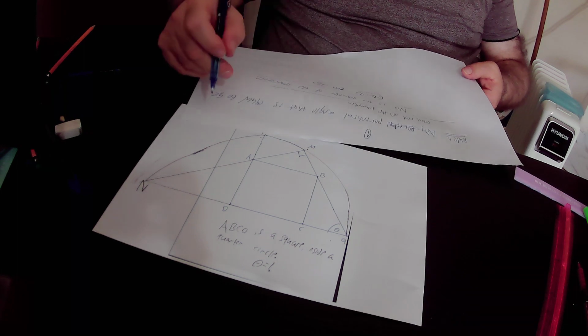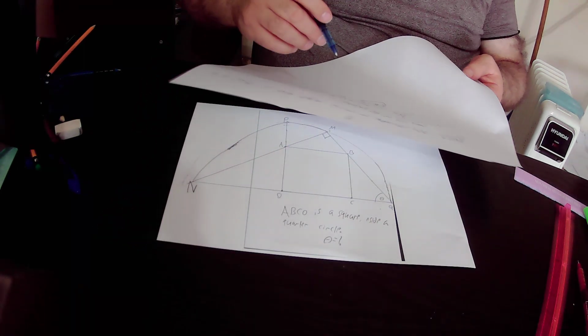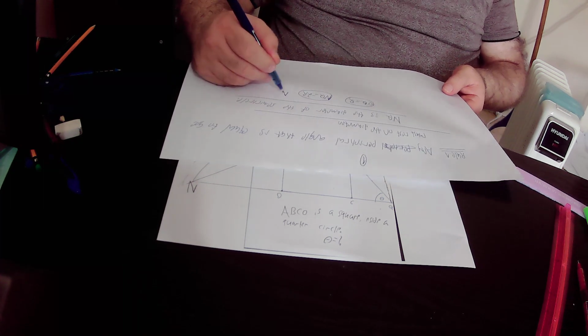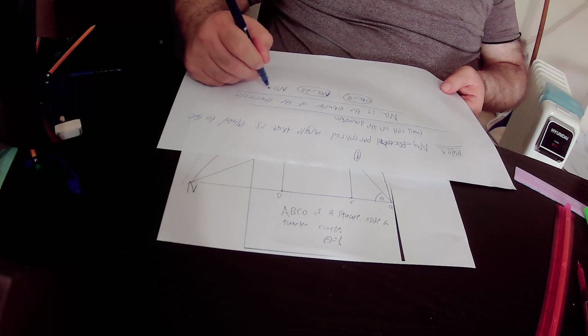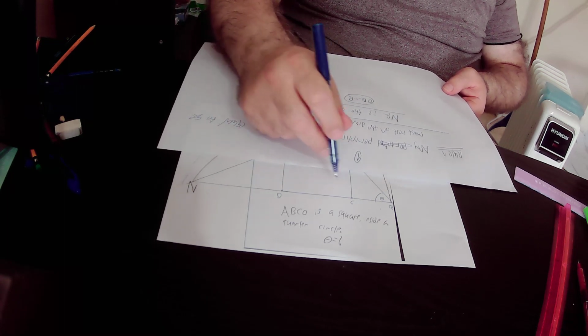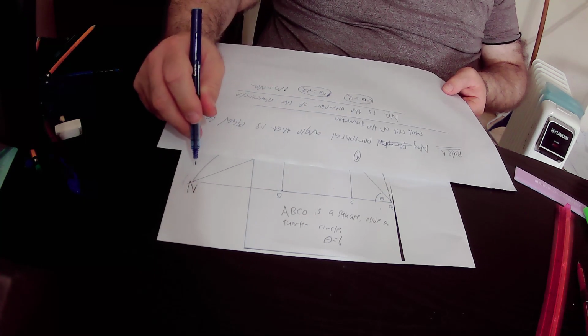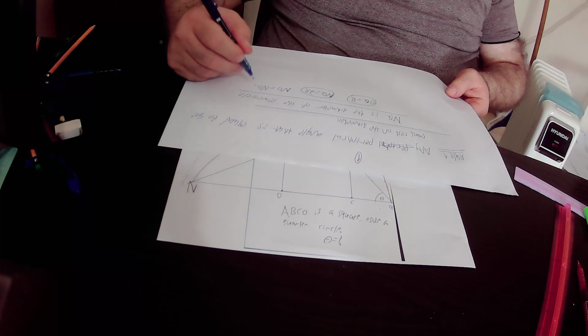And what is the value of line segment NO? From the drawing it is very easy to see that NO equals NQ minus OQ.